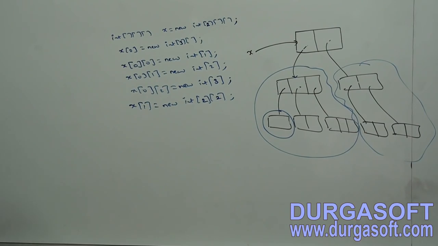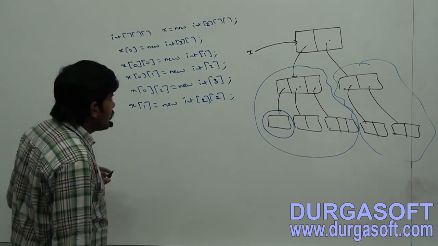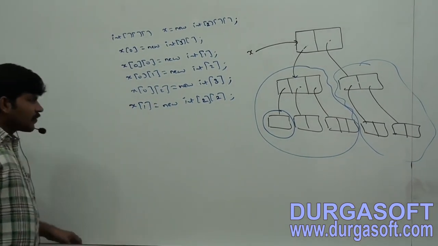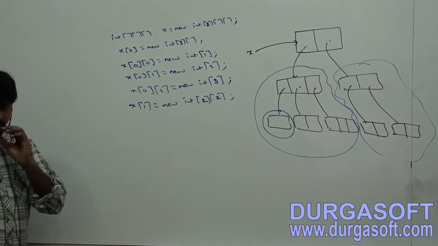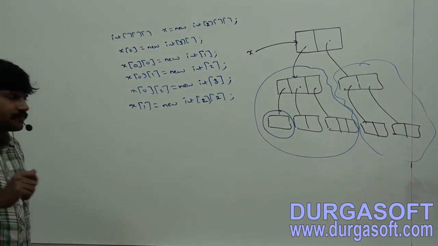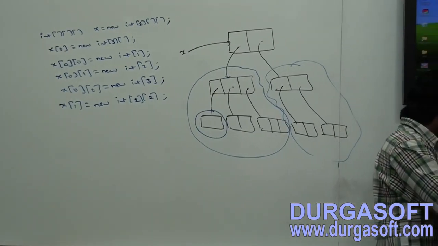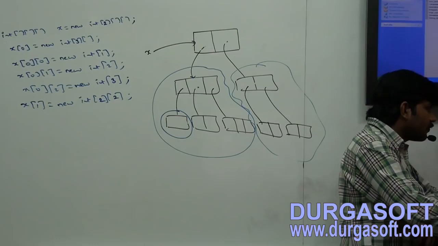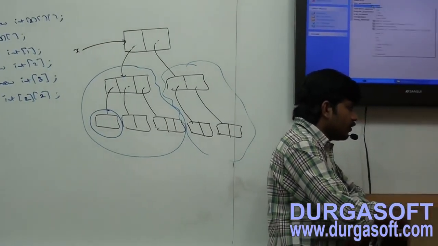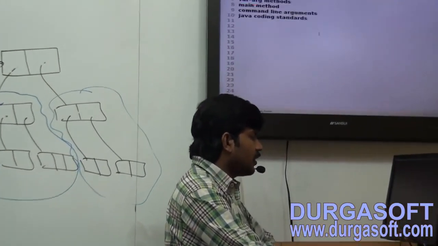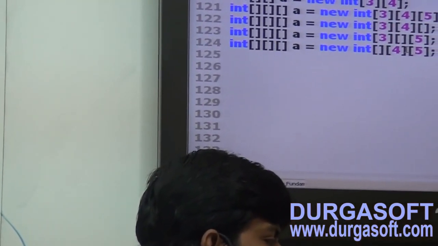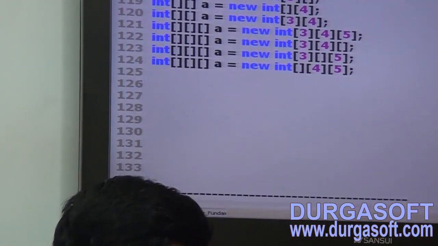So this is what you people should be aware of. Now based on this, what possible questions can be asked in the exam? Take a bit style. Which of the following array declarations are valid?